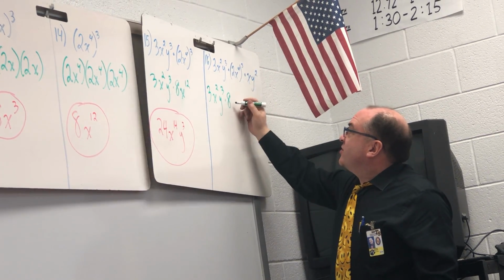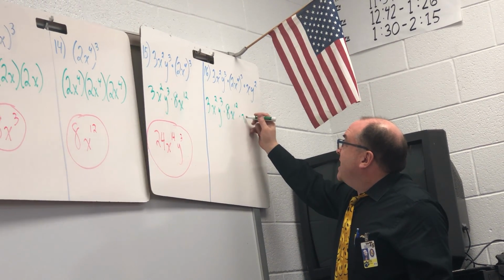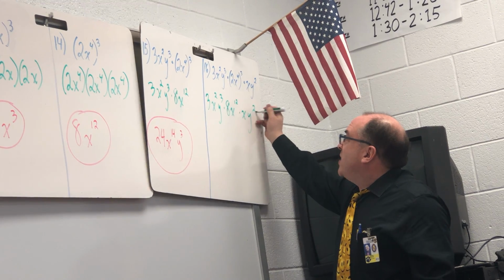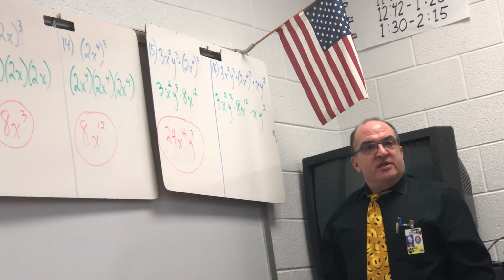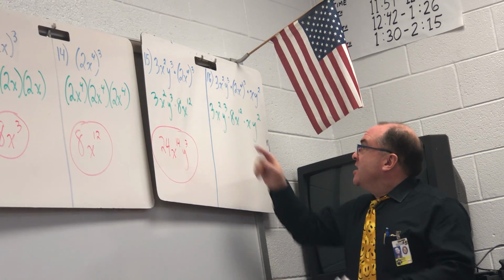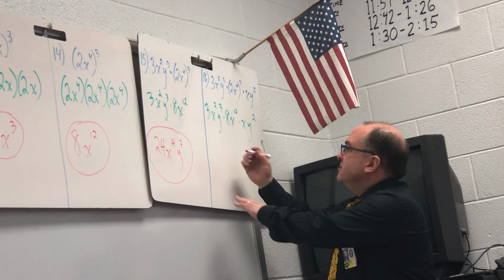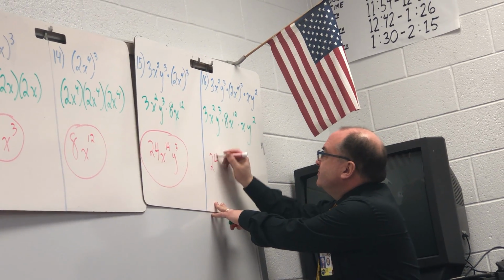X to the fourth to the third is x to the 12th. And now I've got times x, y squared. Don't let the big mess scare you. It's simply 3 times 8 times 1, which is still 24.